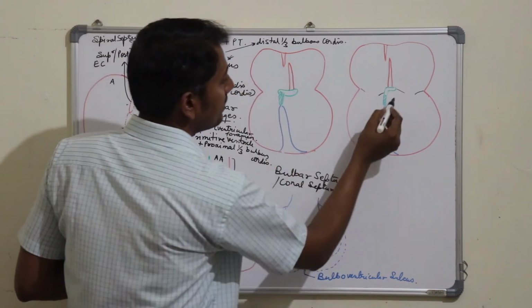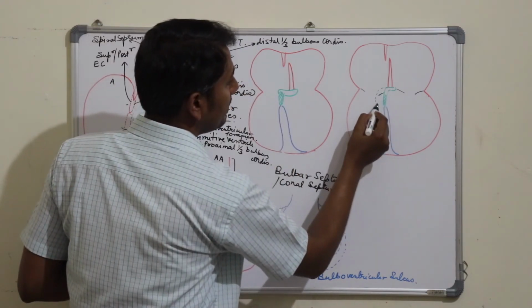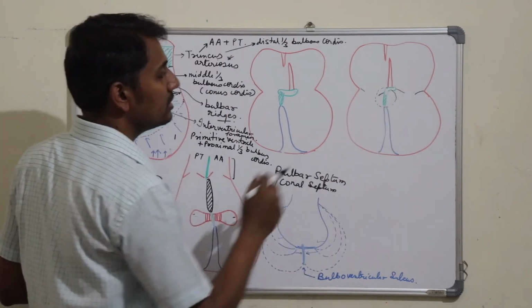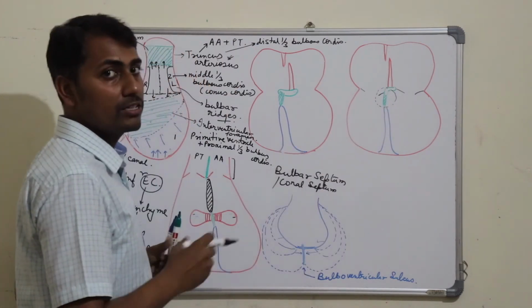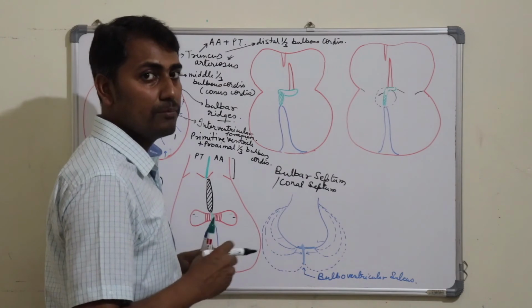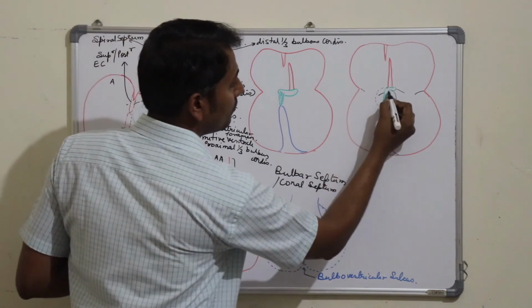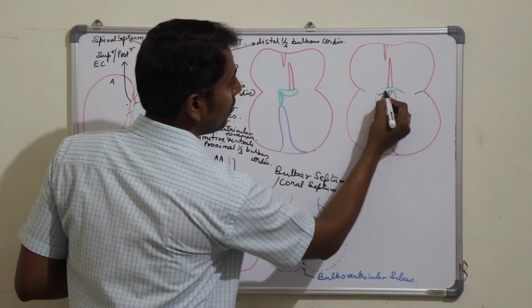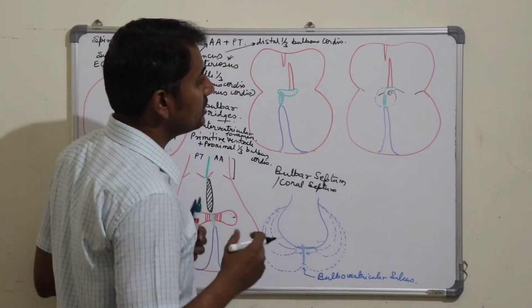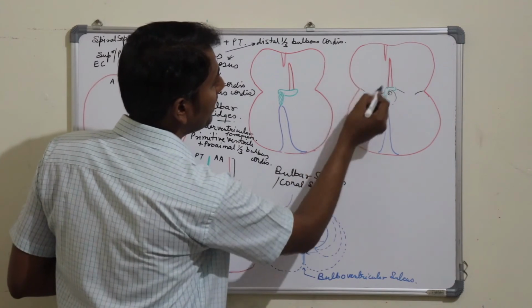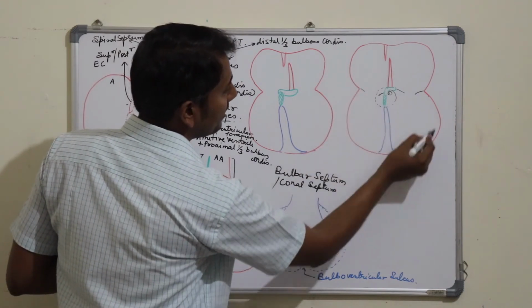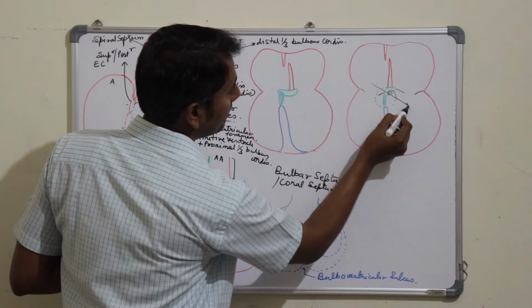Second, this part of the interventricular septum, which is known as the membranous part, is formed by two parts of the AV cushion. First was the original part of the fused AV cushion, which is now separating the right atrium from the left ventricle, this area.